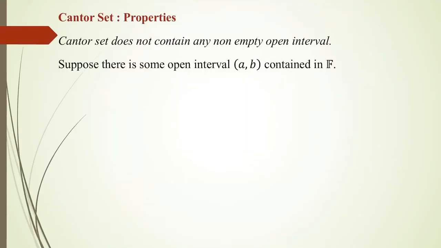So suppose there is some open interval (a, b) contained in F where a is less than b. a and b are real numbers. Suppose that this open interval (a, b) is a subset of F. But this Cantor set F is nothing but the intersection over n in the natural numbers of Fn.